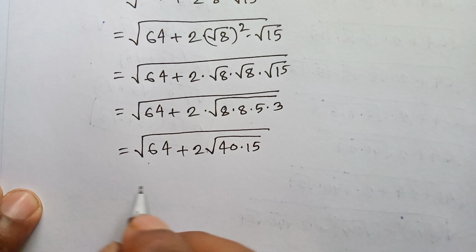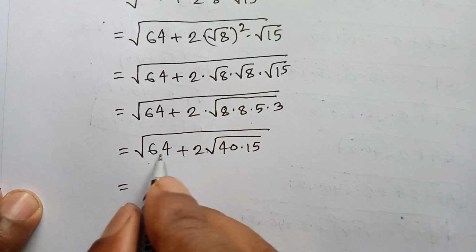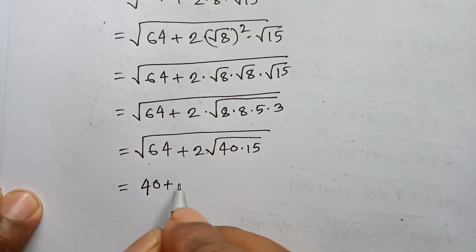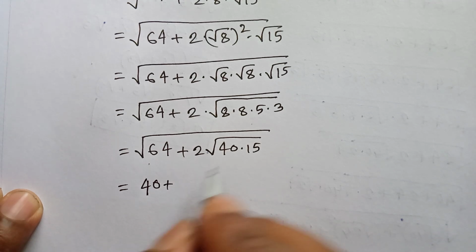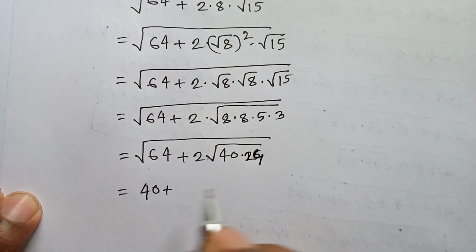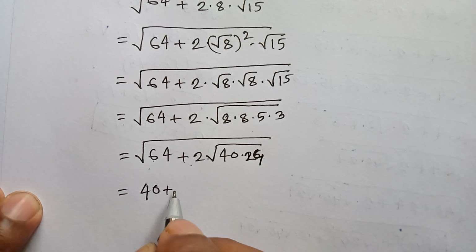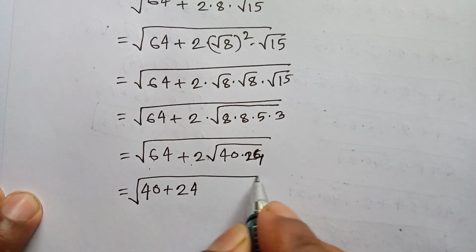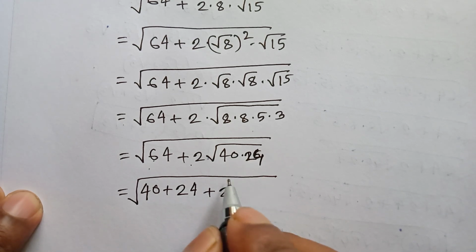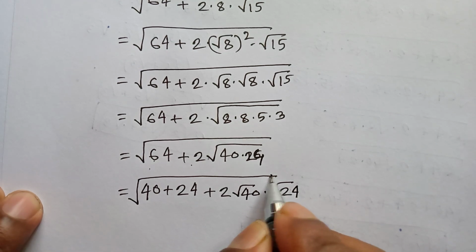times 8 times 3, which is 24. Sorry, 8 times 5 is 40 and 8 times 3 is 24. And next step, this 64 can be written as 40 plus 24, plus this 2, and we separate the root, so it will be root 40 times root 24.